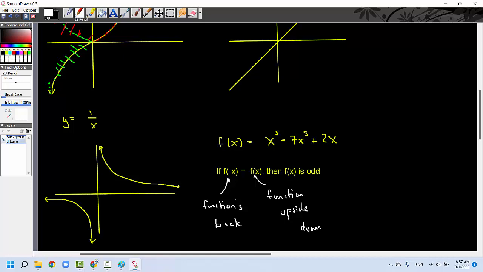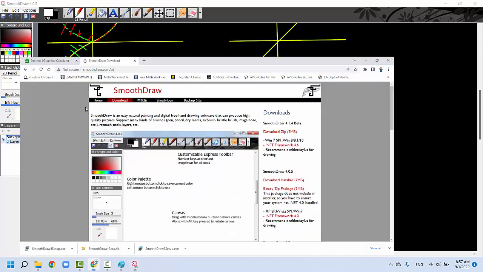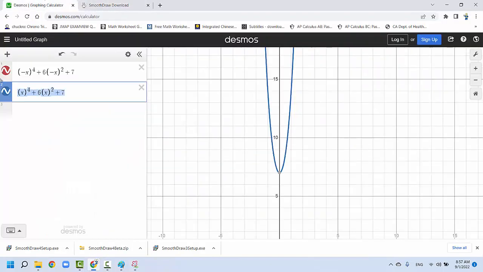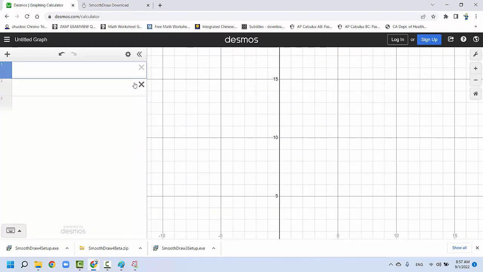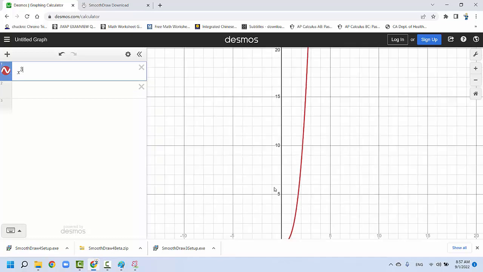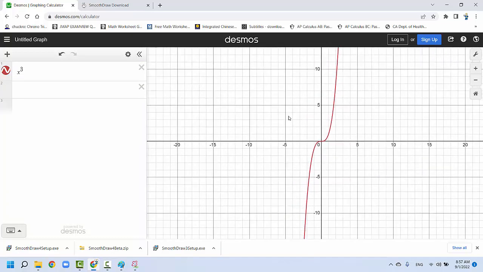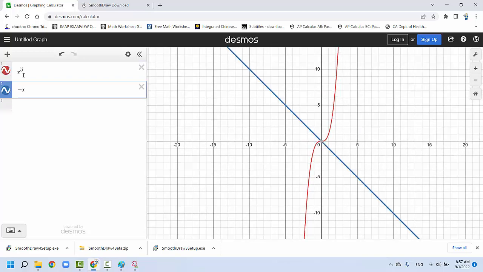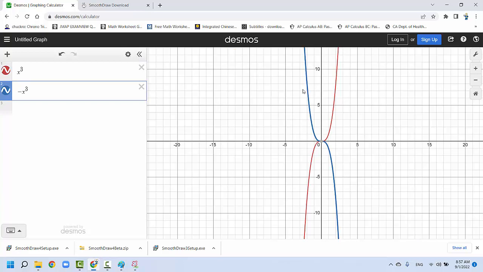Now, let's take a look at this in Desmos real quick, just to make sure that we are where we want to be. So I'll go ahead and get rid of these from the last example. If I did x cubed in here, it would look like that. And now if I was to do negative x cubed, notice how it's upside down now.